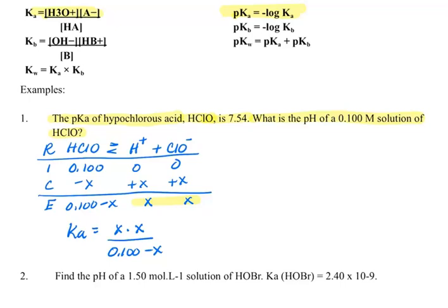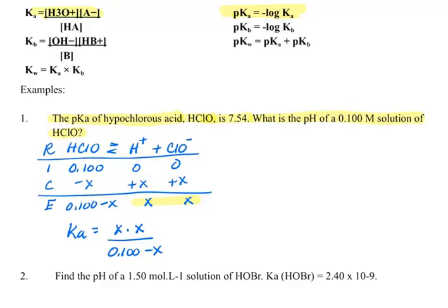Now, a couple of things. Just like we did in the last chapter with our equilibrium, if our Ka value is really, really small, then remember we could use our 5% rule.